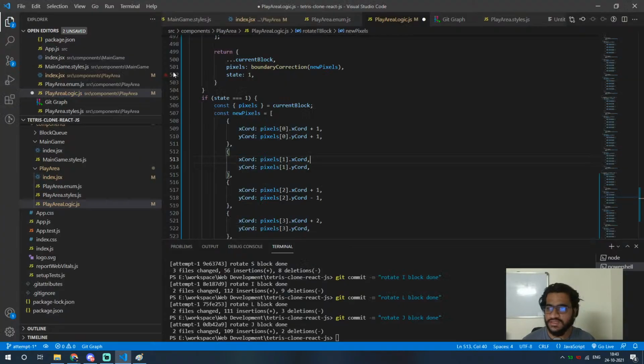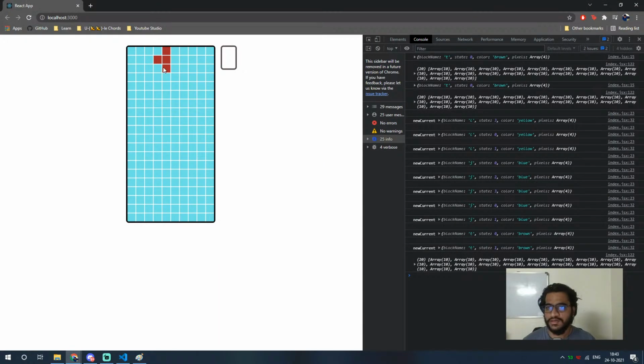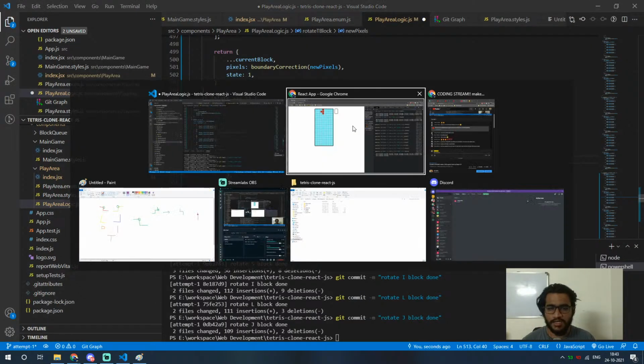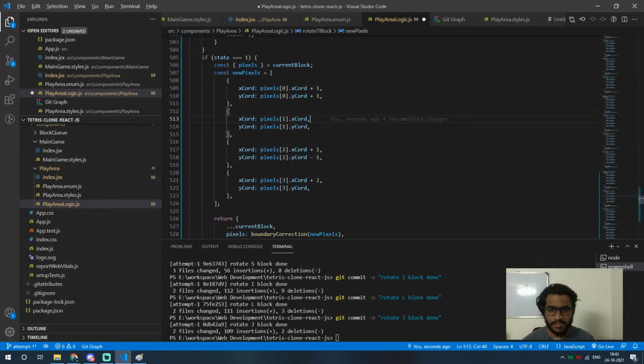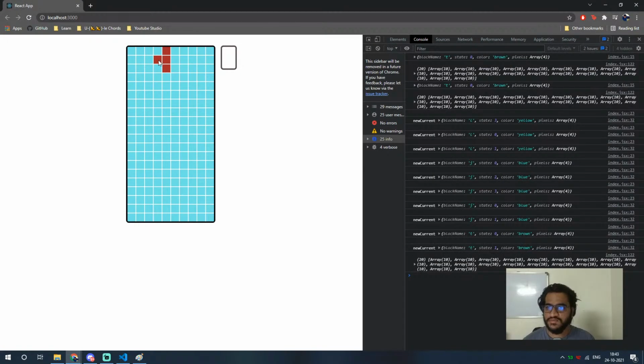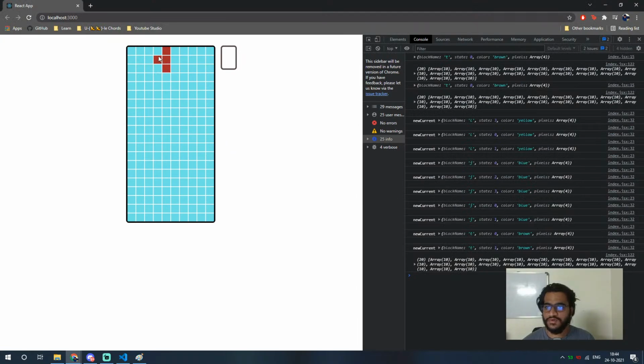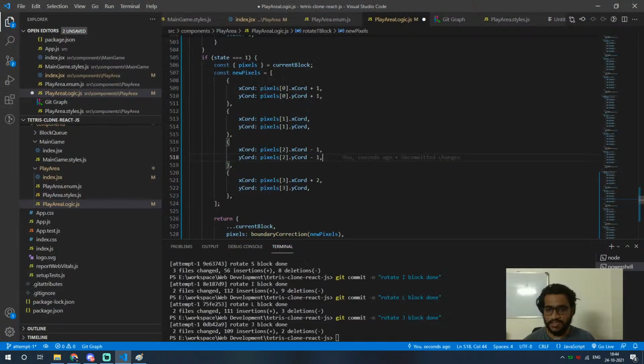The second would remain the same. The third would be minus 1x minus 1y, minus 1x minus 1y. And the fourth one would be plus 1x minus 1y, plus 1x minus 1y.